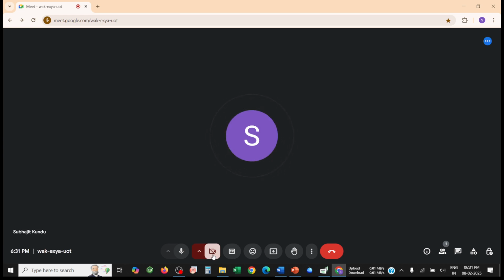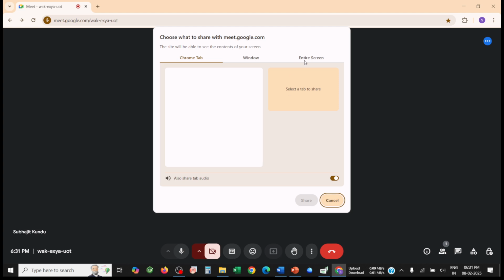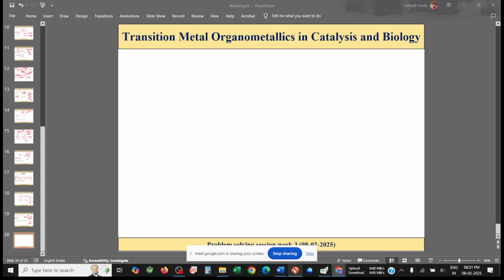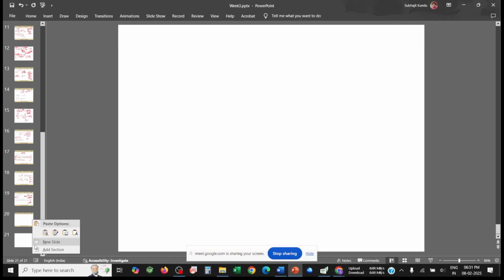Okay then, as nobody joined, I want to discuss one topic, that is the types of metathesis reaction. We have already seen that the metathesis reaction undergoes a metal carbene intermediate. So there are different types of metathesis reaction we can address.